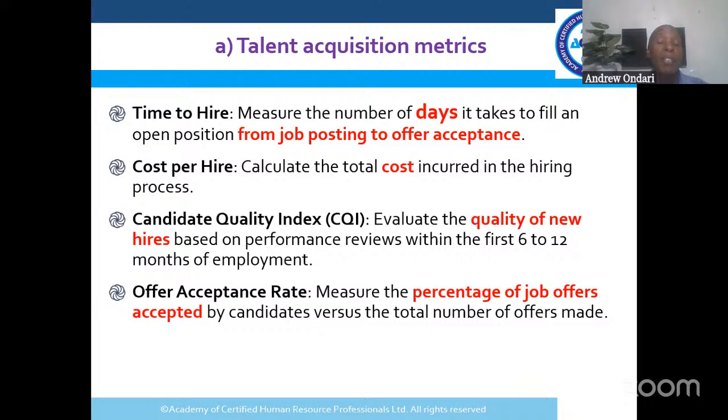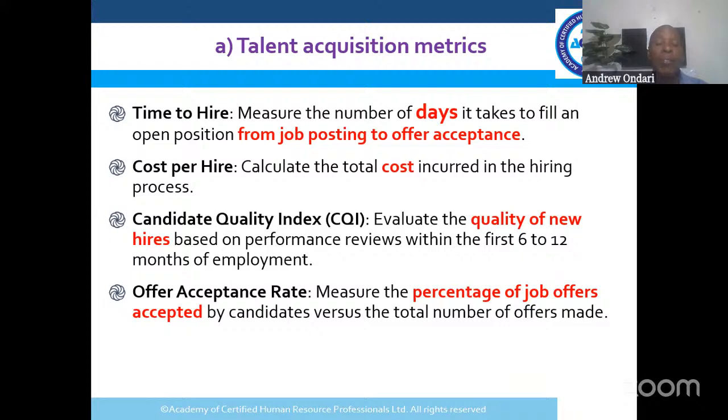If the average cost is very high, then it will affect your end product. That's why I spend so much in hiring, and yet that person is not qualified. The cost of hiring must be lower than the cost of the results that the person is producing.